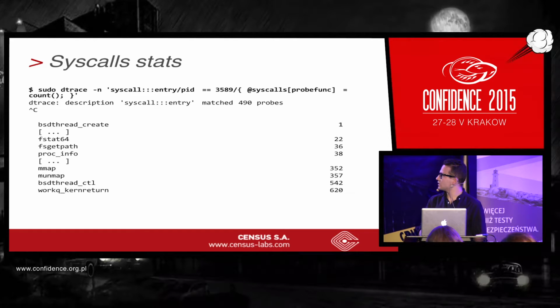The second one-liner tells us, okay, I will go back to this one. As you can see, I've left out the module and actual function, so I just put a probe on any syscall that is in the system.